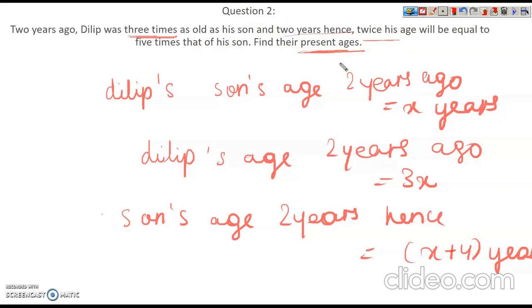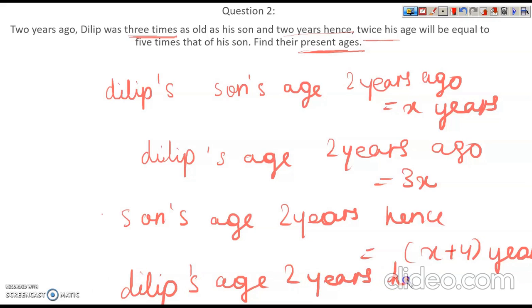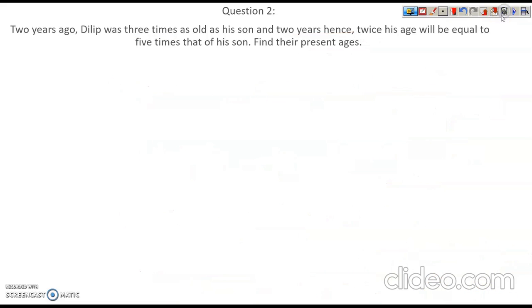So now we can write Dilip's age 2 years hence as 3x plus 4 years. Now looking to the question, it's saying twice his age is equal to 5 times that of his son.